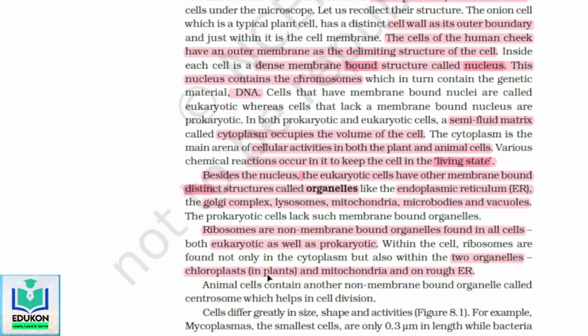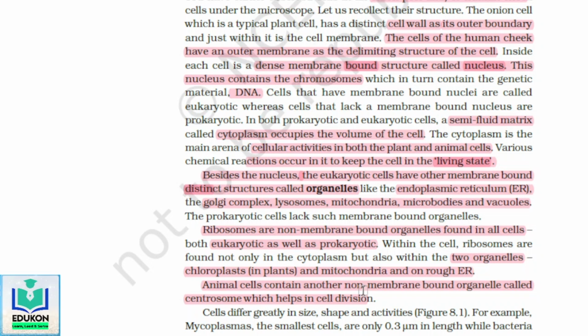Animal cells contain another non-membrane bound organelle called centrosome that helps in cell division. Remember this. What we studied now: the membrane bound organelles which are present in eukaryotic cells, and the non-membrane bound organelles which are present in both eukaryotic and prokaryotic cells.